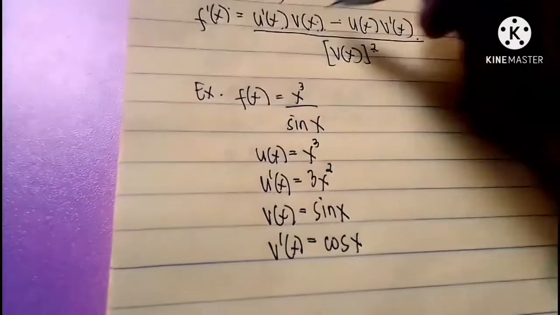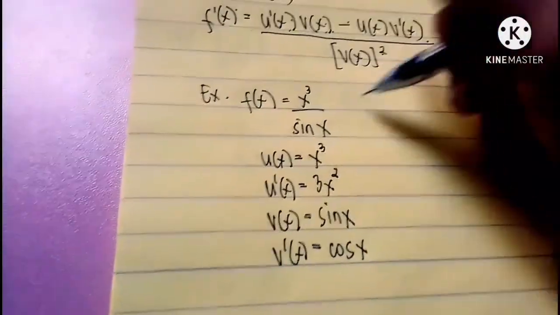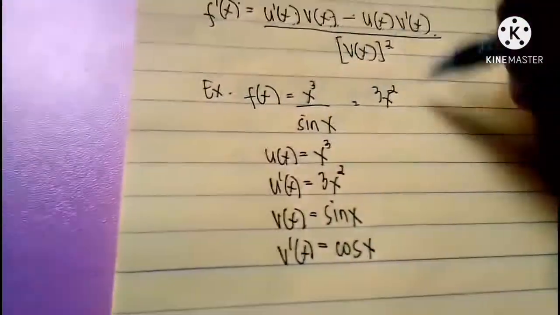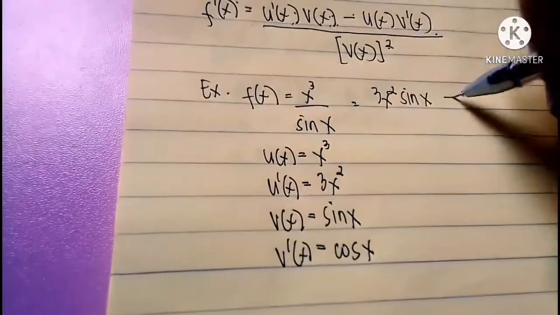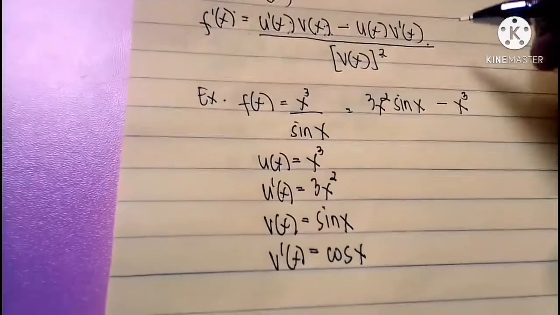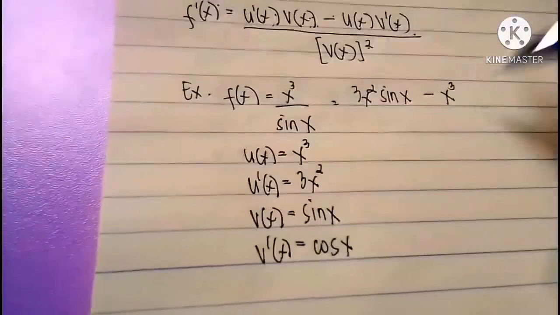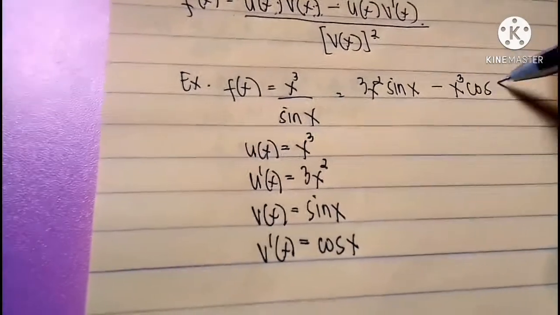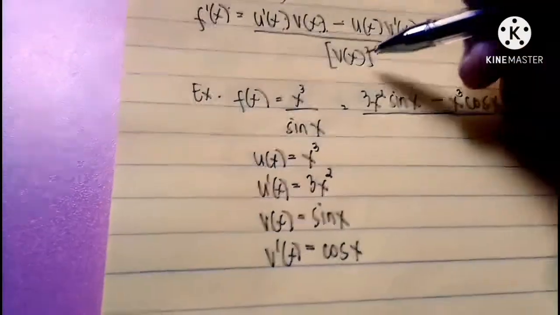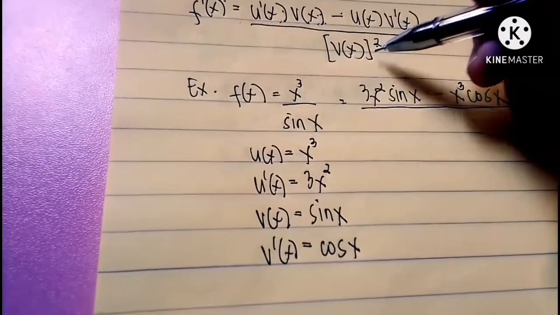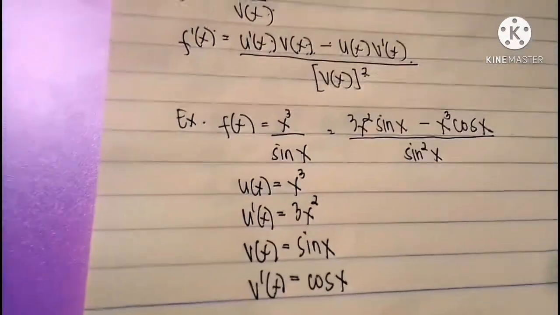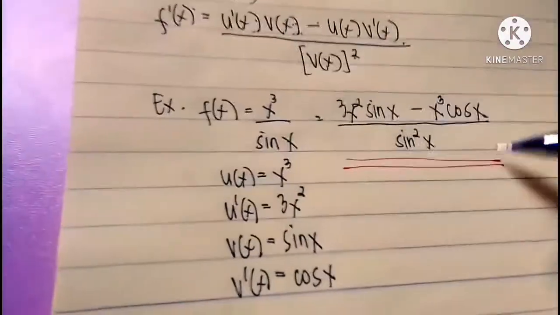Then substitute. u prime x is 3x squared, v of x is sine x, minus u of x, x cubed, times the derivative of v of x, which is cosine x, and all over the denominator squared, which is sine squared x. And that's the final answer.